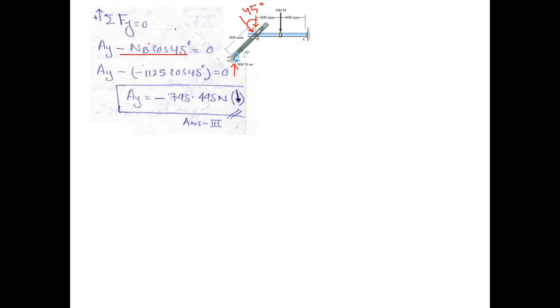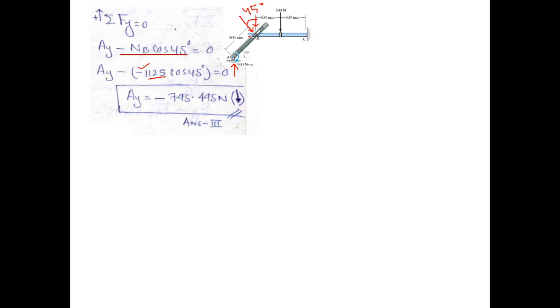And since NB was actually negative, I have to use a negative sign here with the value of NB. So AY comes out to be minus 795.495. So I have calculated AX and AY, two of the unknowns, but I need to find out CX, CY, and the equation of moment.